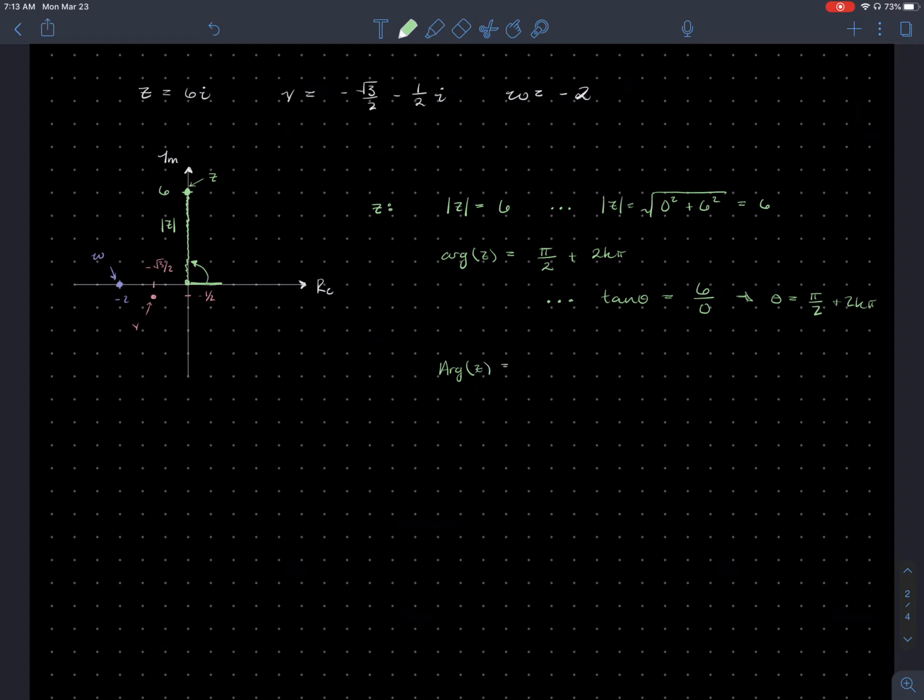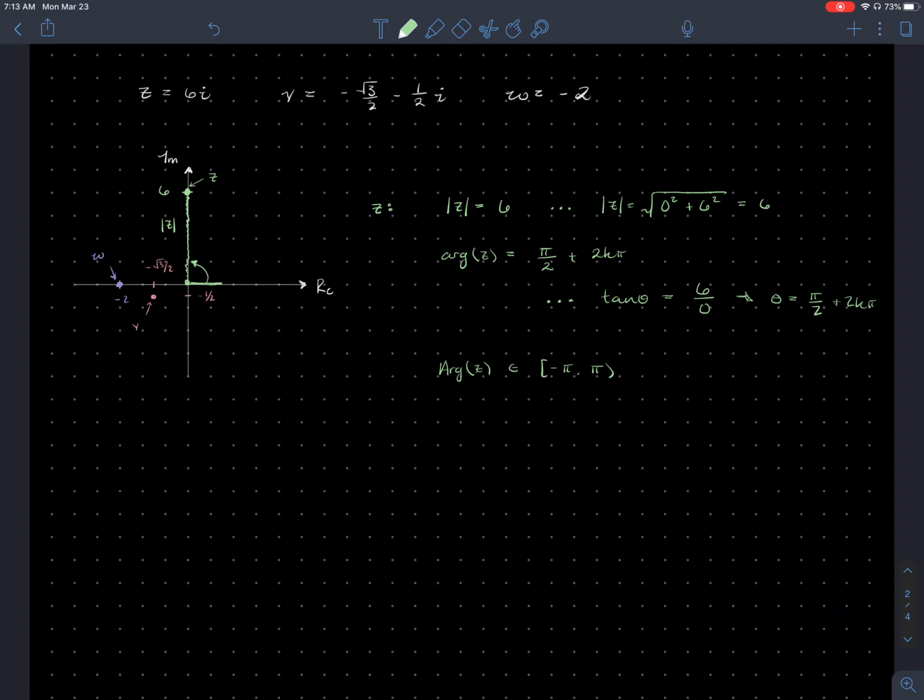Then lastly, our principal argument of our complex number z. Recall, our principal argument needs to be contained on this interval from negative pi to pi.